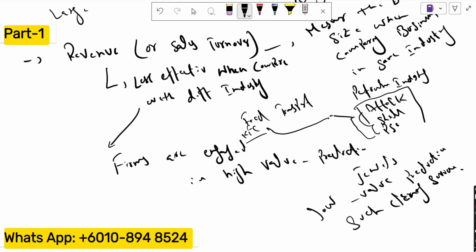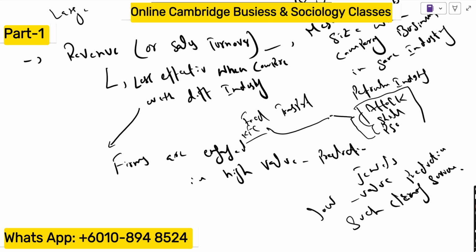It depends on the nature of the product. One firm is investing in the production of jewelries, and another is providing cleaning services. So it becomes less effective when you compare both companies from different industries.